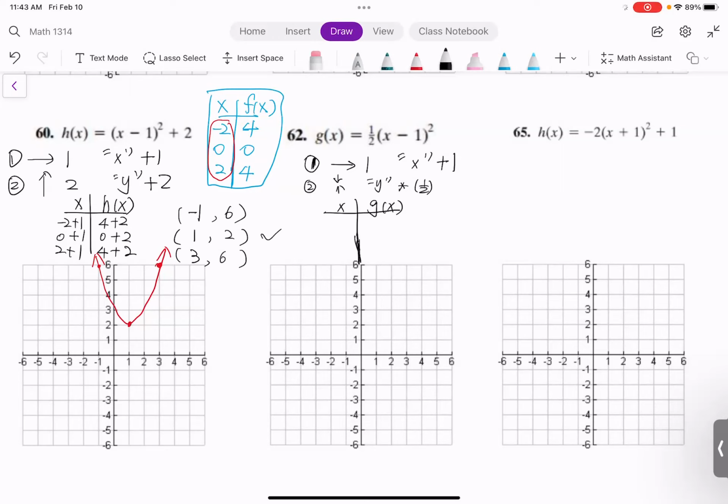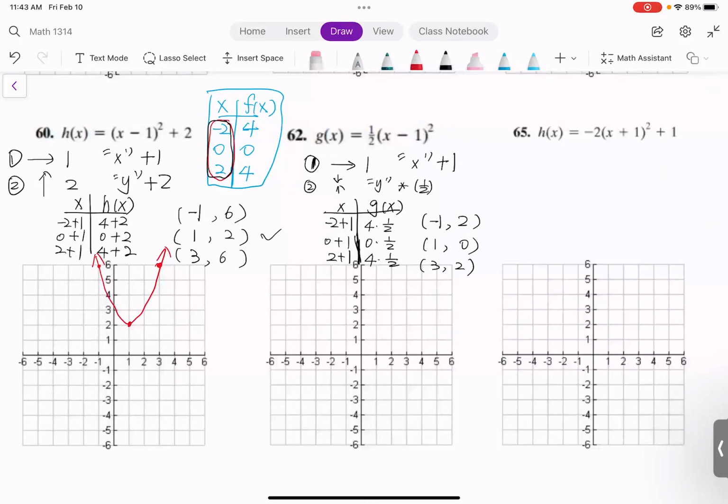Let's see the transformations. All the x plus 1. So based on the x value, -2 plus 1, 0 plus 1, 2 plus 1. In g function, all the y multiplied by 1/2, 4 times 1/2, 0 times 1/2, 4 times 1/2. And the new key points, they are -1, 2, 1, 0, 3, 2.